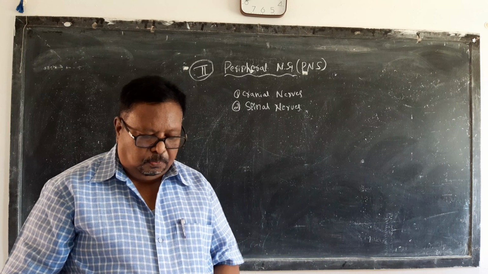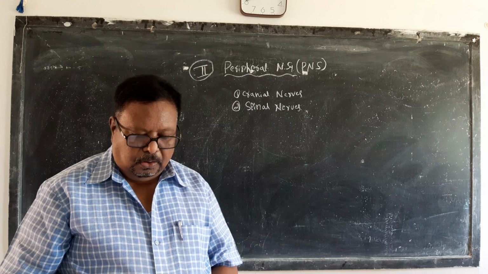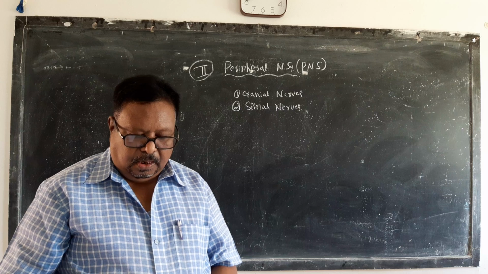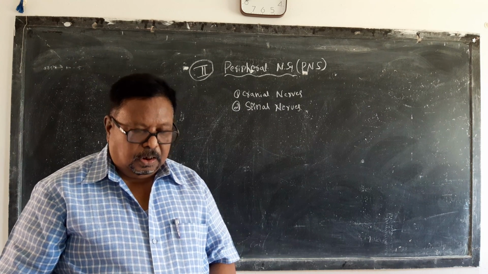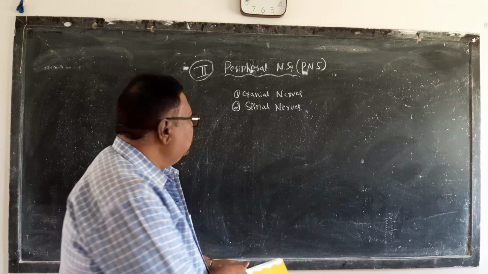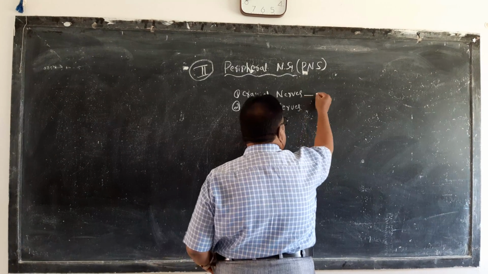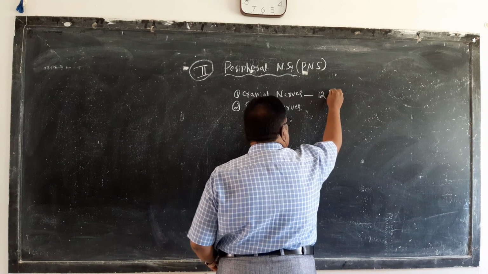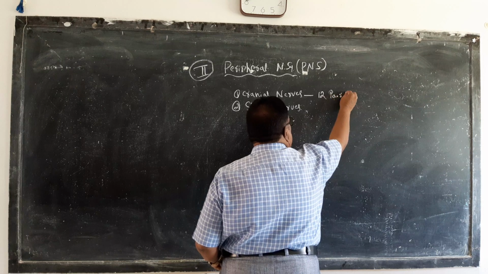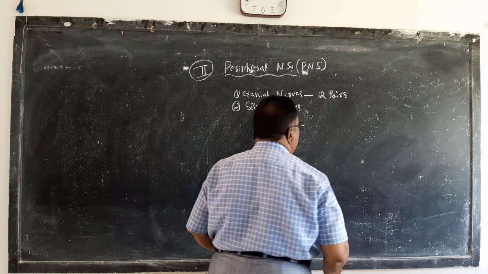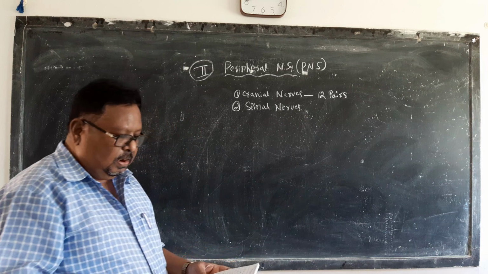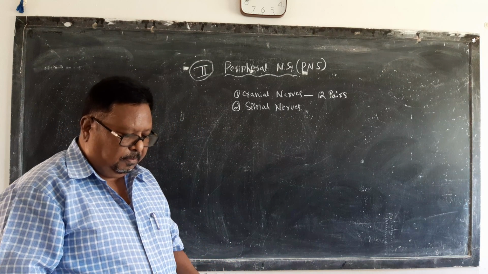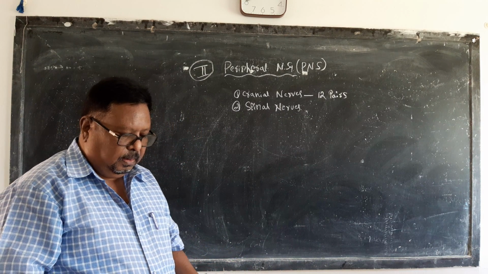There are 12 pairs of cranial nerves which arise from the brain and the brain stem.